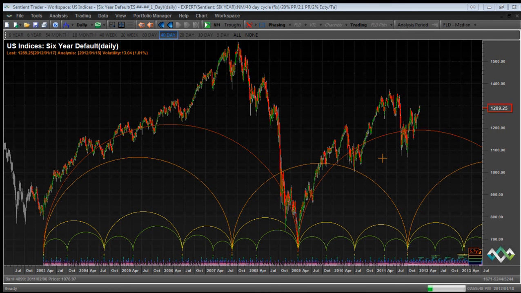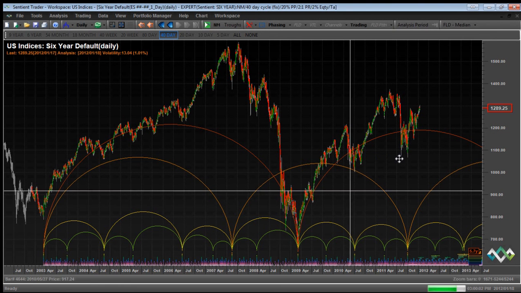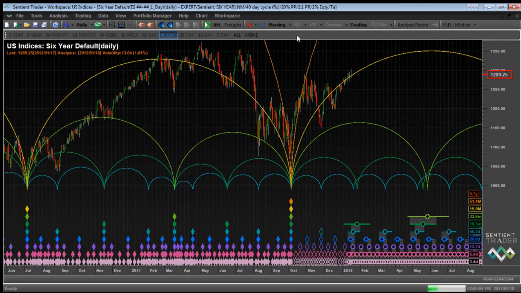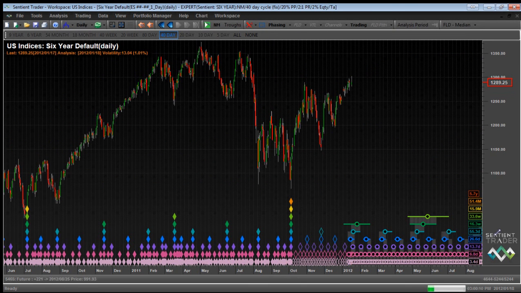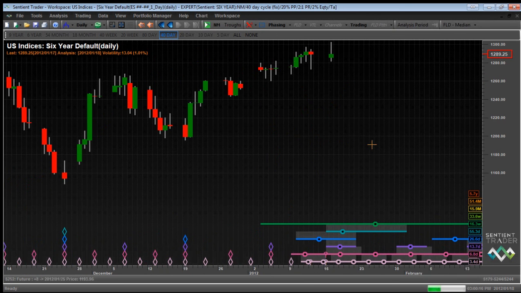Okay. A question from Dave: do the large number of dojis or semi-dojis that have recently appeared have any impact on your analysis? No, although personally I think candlestick analysis is very powerful, and I use it for my trading. Sentient Trader is designed as a tool which performs Hurst analysis and gives you trading recommendations on the basis of Hurst's trading methodology.